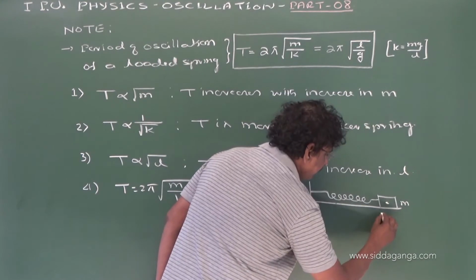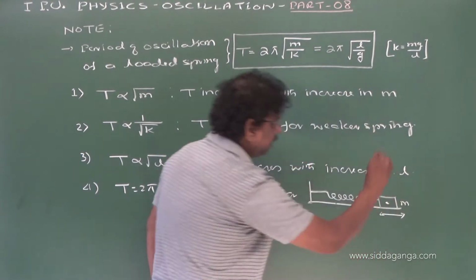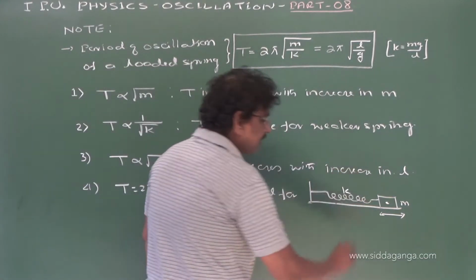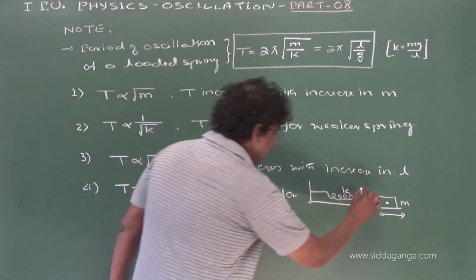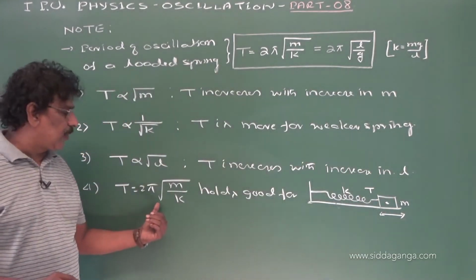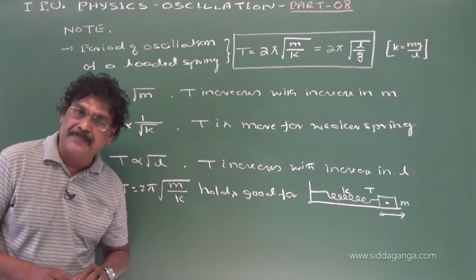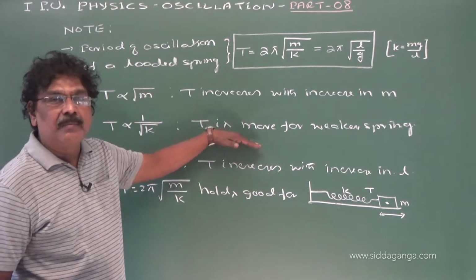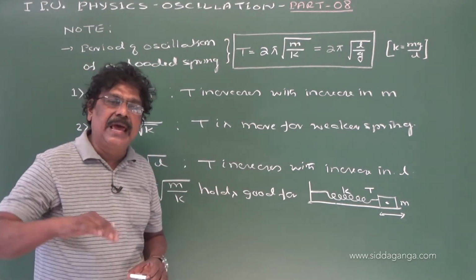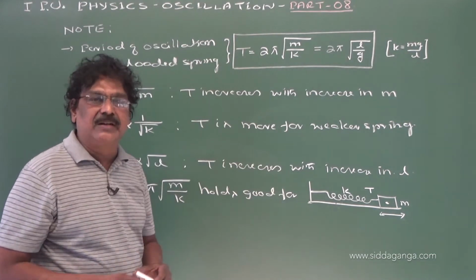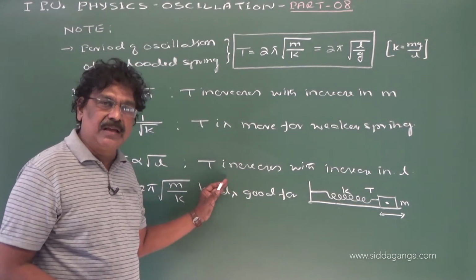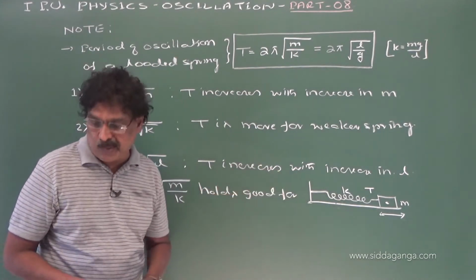This is m, oscillating in horizontal direction. This is the spring constant k. Then the time period T is equal to 2 pi into square root of m by k. So you have to remember these things. They will help you in answering understanding based questions, application based questions, skill based questions, and solving numerical problems in competitive examinations.